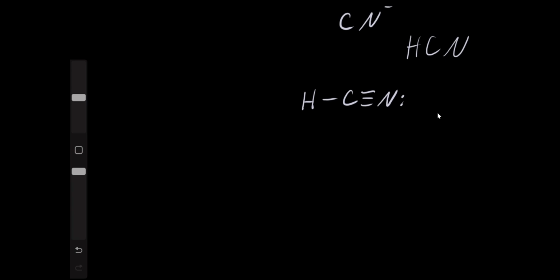So what happens now? Since I need CN minus, I don't need HCN. So I remove hydrogen, but hydrogen gets removed with these 2 electrons staying here. These 2 electrons, if they stay here, my cat is going to eat me. Go away. So we write them like this.